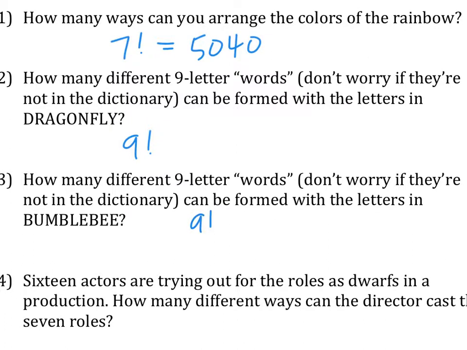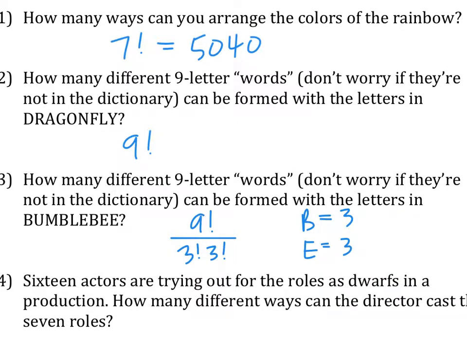So, can you guys come back? Okay. Which letters repeat? B and E. So how many times did B show up? 3 times. How many times did E show up? 3. So what you're going to do is divide by 3 factorial and 3 factorial.